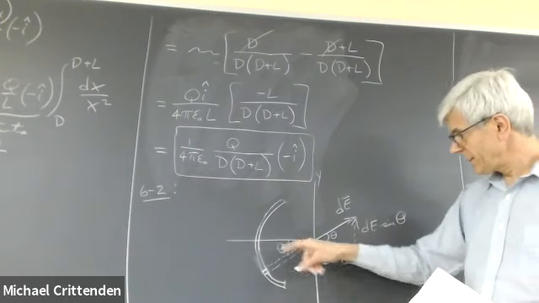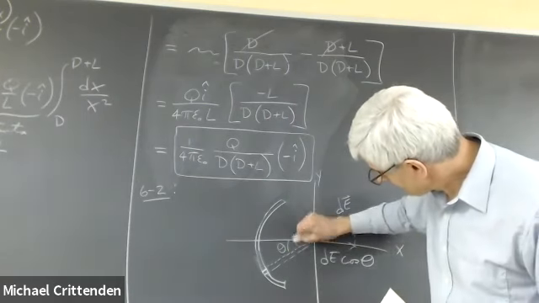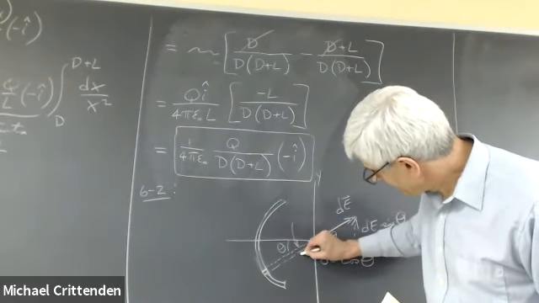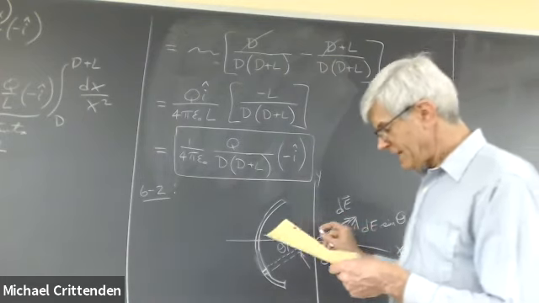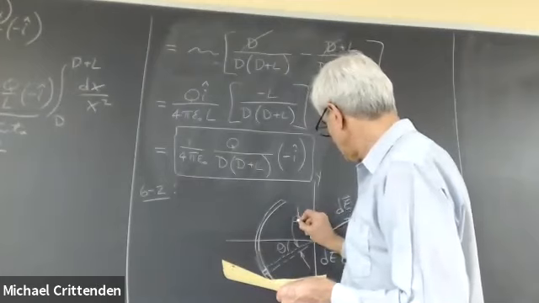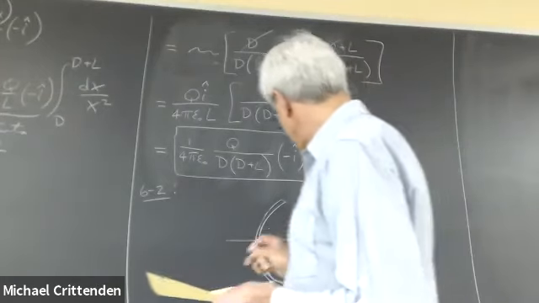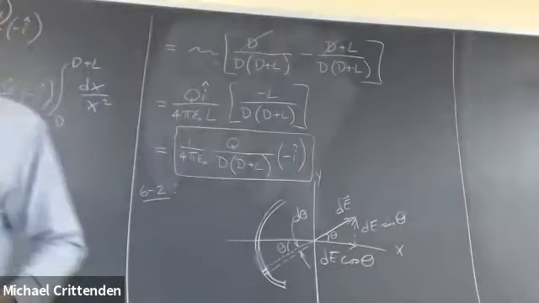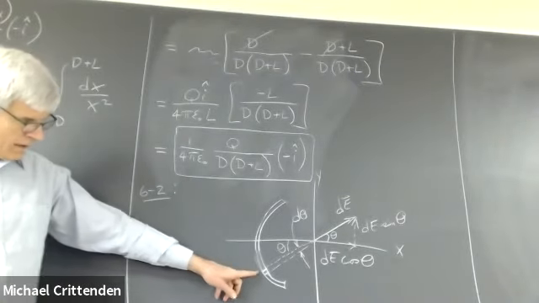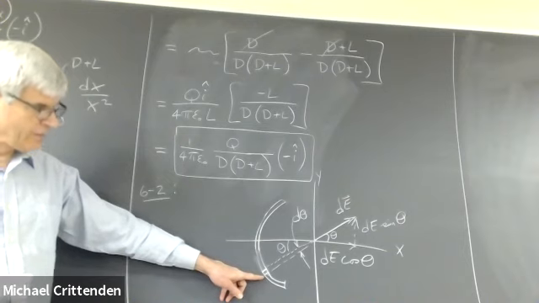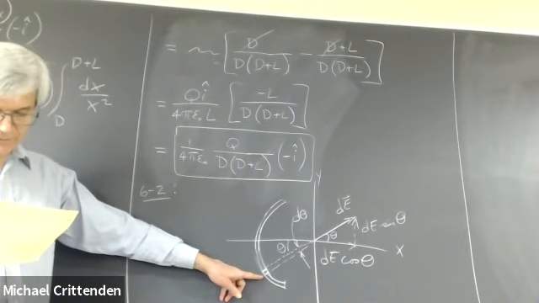So theta, theta. That little bitty angle between the two dotted lines, that's d theta, meaning how much theta changes as you go from one end of this small piece to the other end of that small piece.